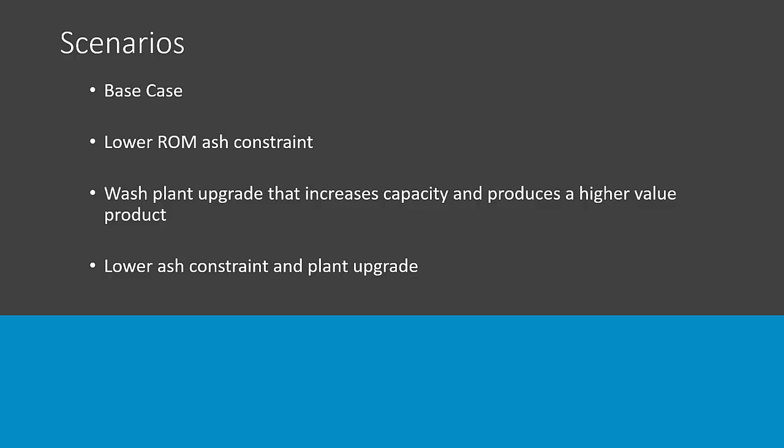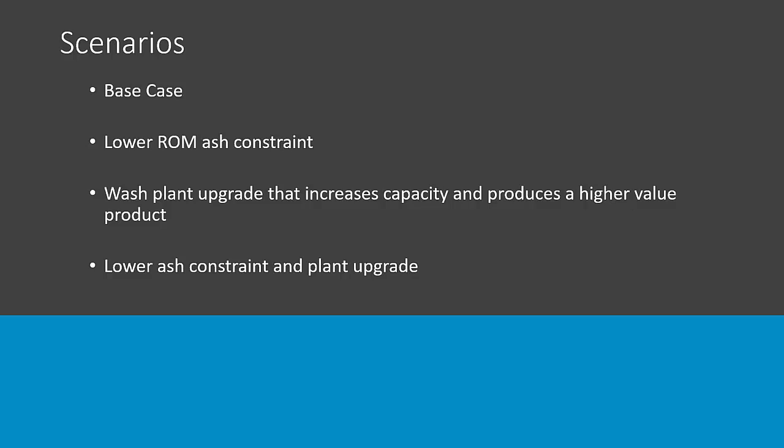The second one that I ran is, what if our contract changes or the demands of the power plant change, and I now need to have ash below 3.8%? What would that do to my schedule if that had to occur today? We're going to look at what that causes between the 2 scenarios with that one change. It may not seem like a big change, but it could drastically affect the scenario.